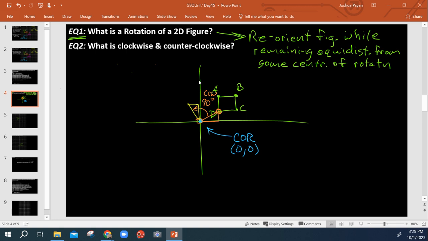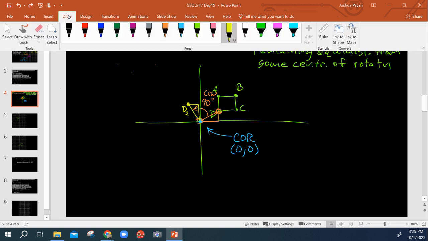My right triangle has been rotated 90 degrees counterclockwise. And my new point D, we'll call this D2, exists 90 degrees counterclockwise, but still the same distance from my center of rotation, right? And well, by proxy, we know everything else is going to be relative, right?